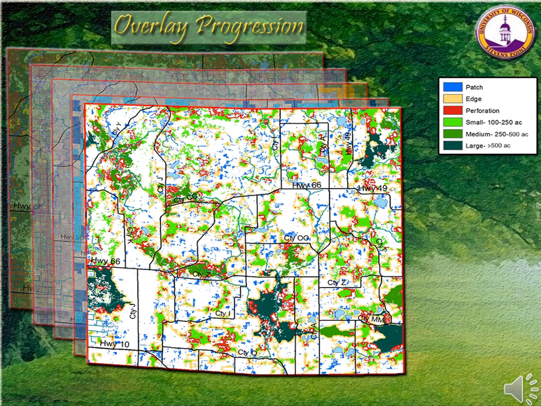We then were able to take a look at the forest, and this particular analysis was performed with a spatial fragmentation toolbox that was developed by the University of Connecticut Center for Land Use Education and Research. This analysis helps us understand not just where forests are, but also where the large, intact, core forested areas are.